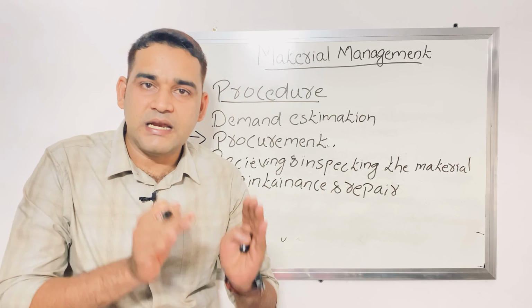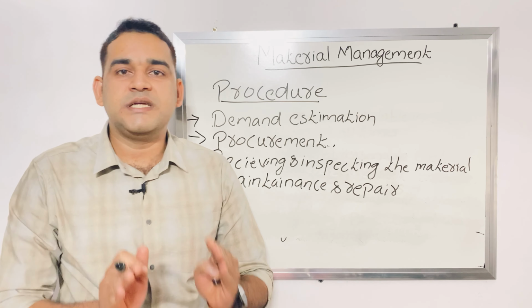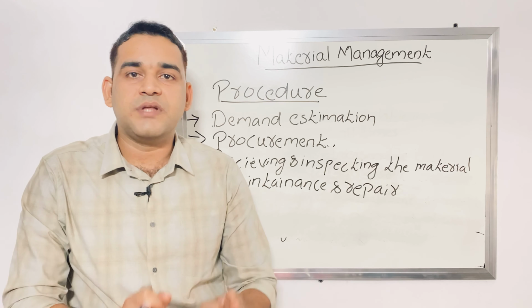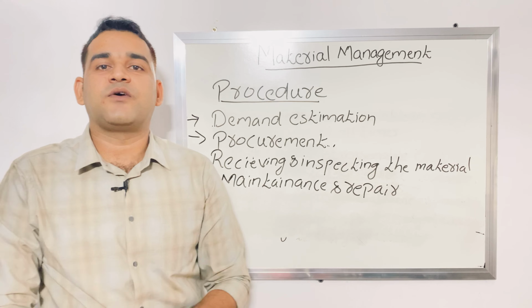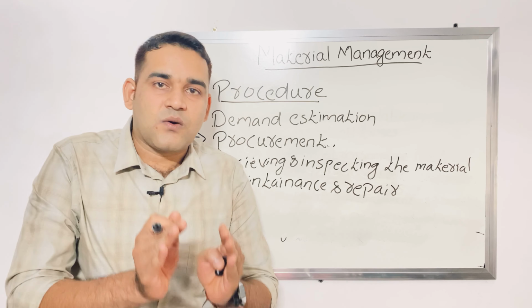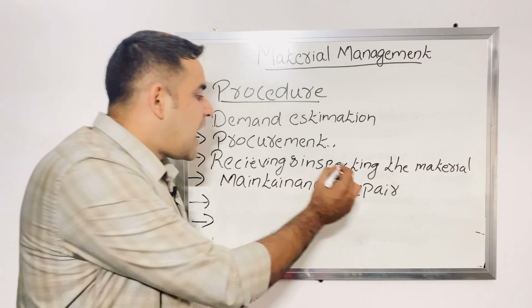For example, a ventilator. When the company is telling to do the service, we have to do the service. If repair is required, we have to do the repair also. That is maintenance and repair.